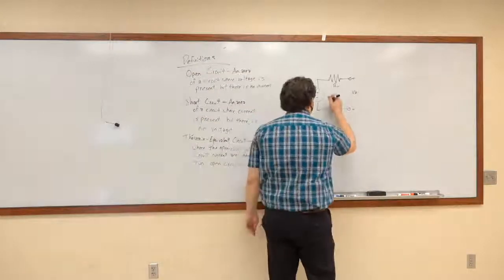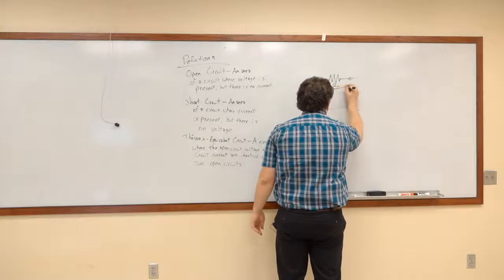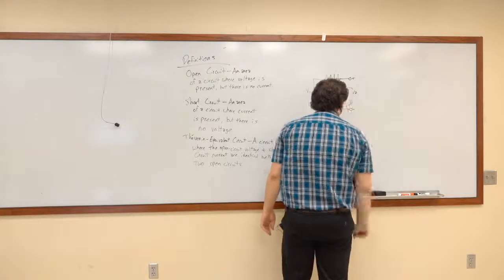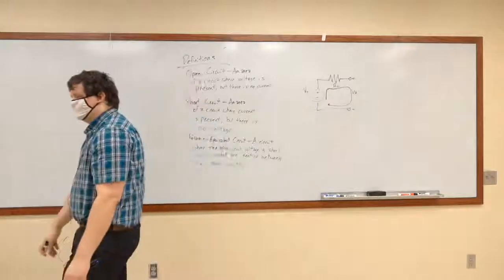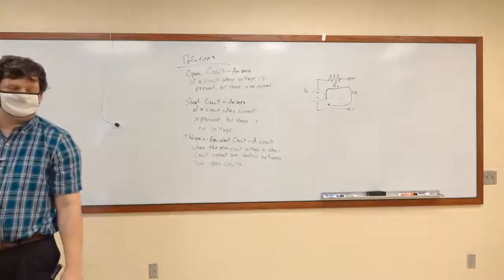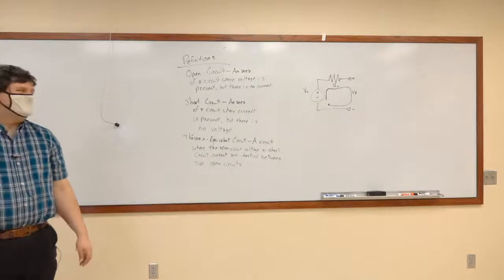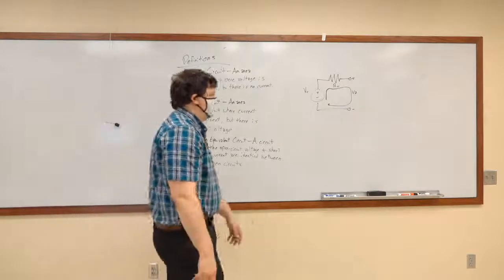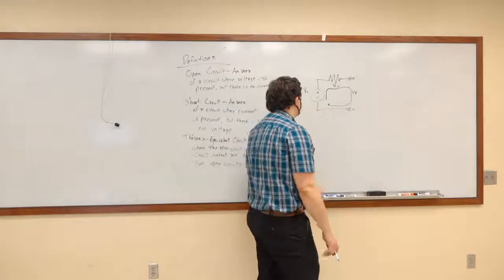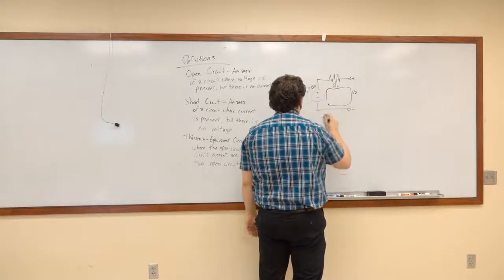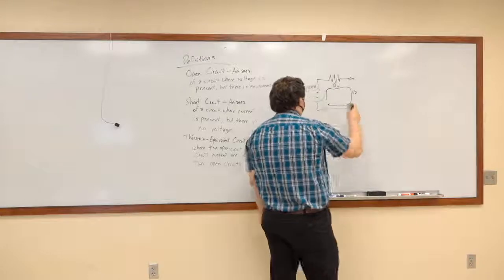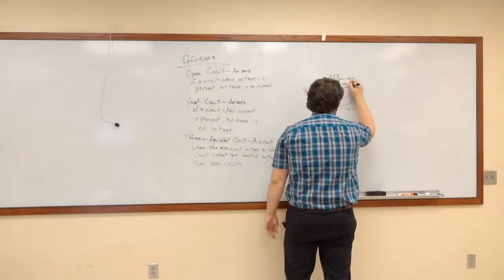If I were to draw a loop like this, I have to account for all 24 volts. Or all 12 volts, or all 20 volts, or whatever this power supply is. If VT is equal to 10 volts, okay? And let's say RT is equal to 100 ohms.